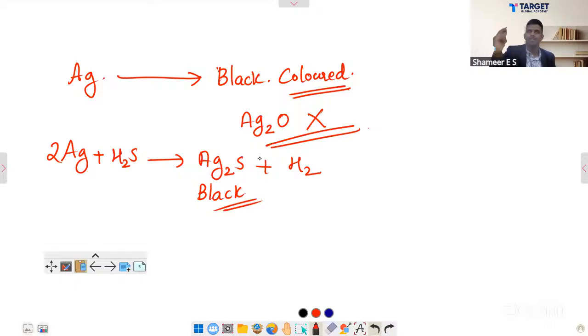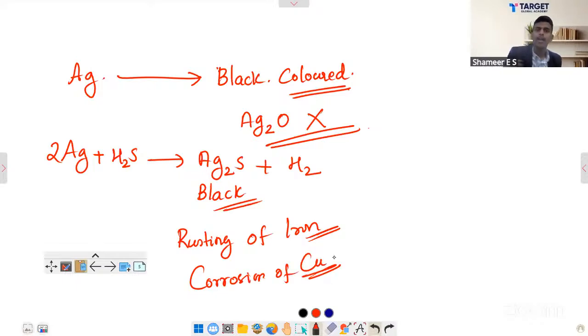And one more question in the same page of the textbook, one more piece of information. Rusting of iron, you know, is easy. That occurs with the formation of Fe2O3, that's fine. But you know the corrosion of copper.